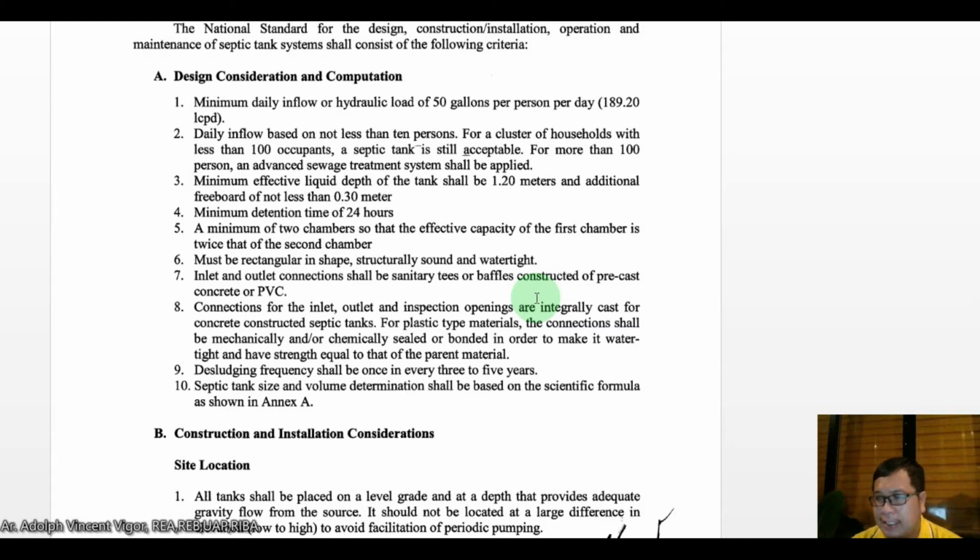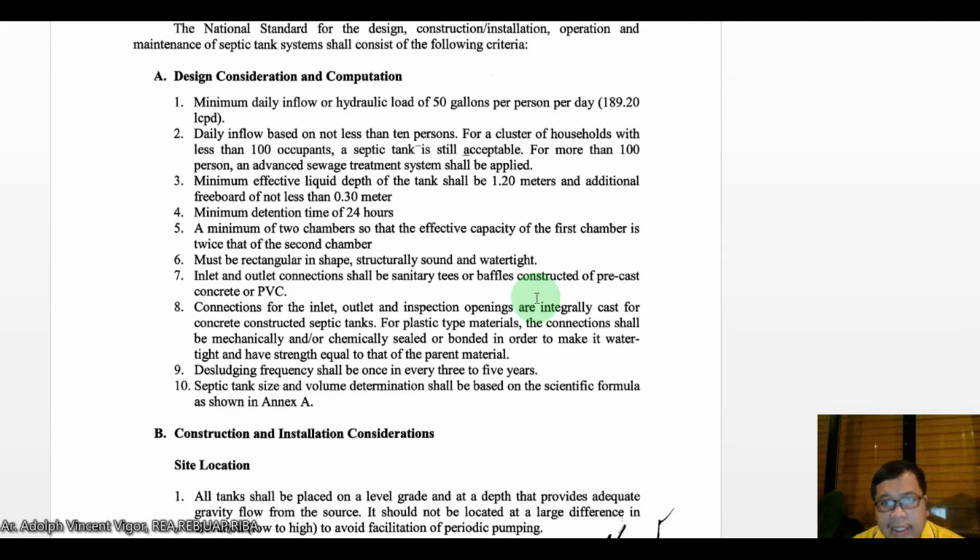For me, your septic tank should be part of the consideration of the structural design. So don't just follow what's in the drafting standards. You must consult this also with your structural engineer.